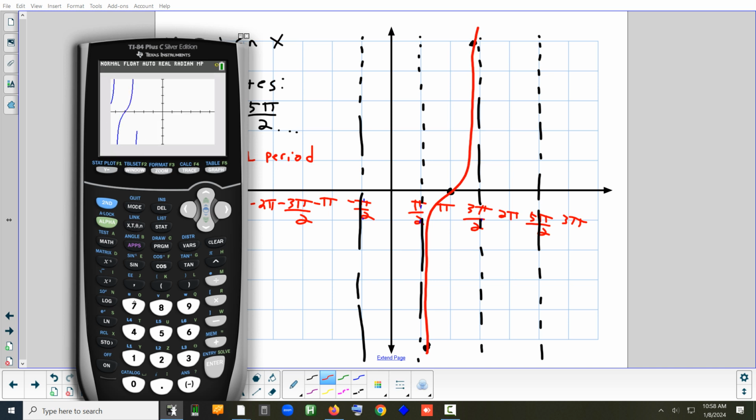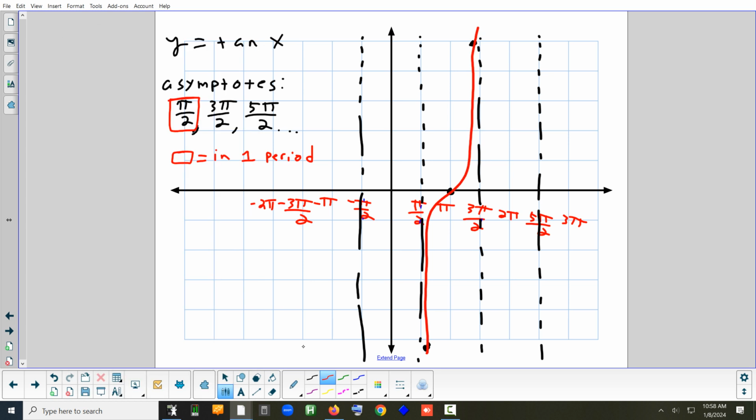Kind of see it? So we drew the first completely positive cycle. This one right here is the one we drew. So that's what tangent looks like. So the asymptotes, kind of wrote off to the side here.